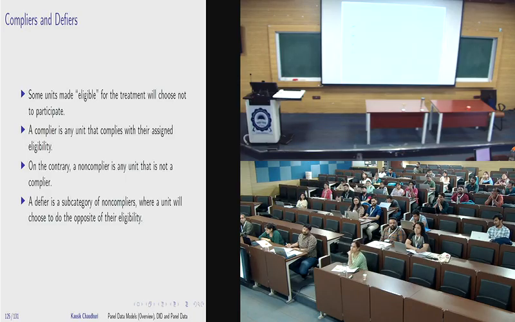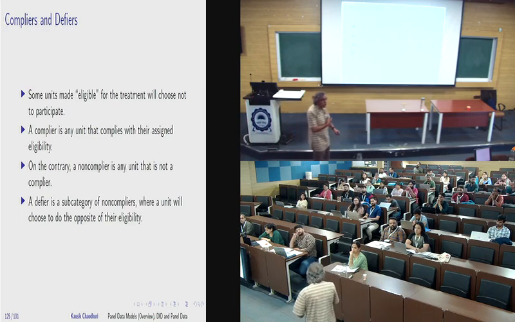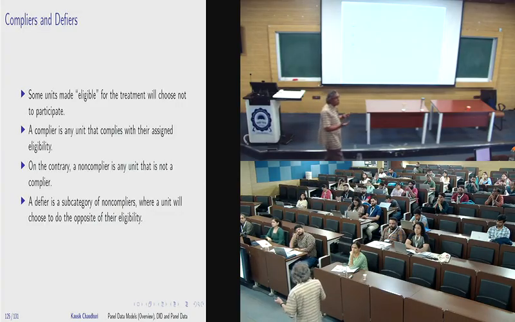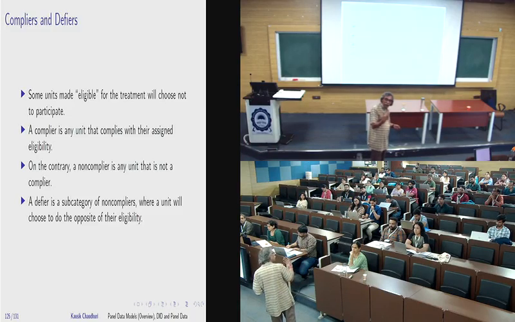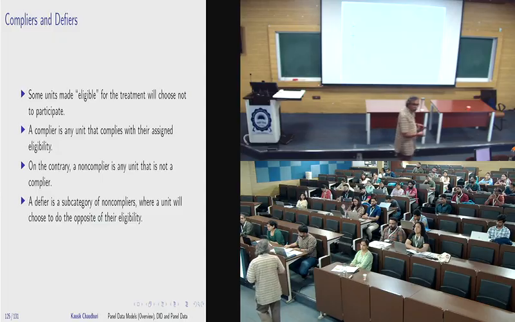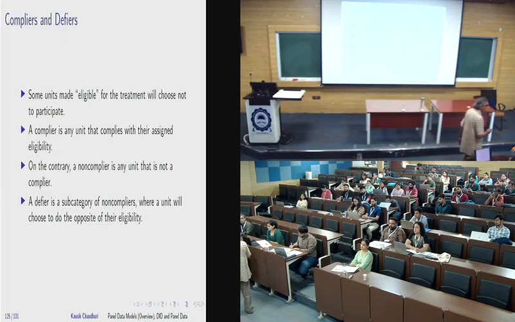And then I can have a defier, which is a subcategory of non-compliers where a unit will choose to do exactly the opposite compared to their eligibility. So I am eligible, but I am not going to do it. So I belong to non-complier, not because I did not qualify, but because I selected not to be qualified. Clear? So these are the concepts that we want to think of: complier versus non-complier versus the defiers.